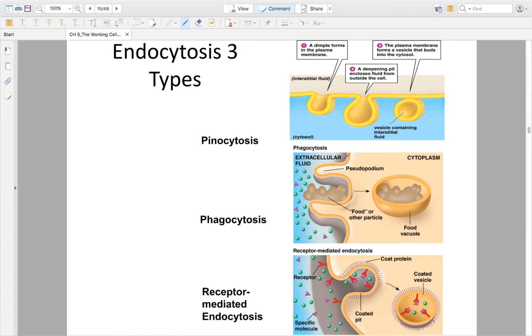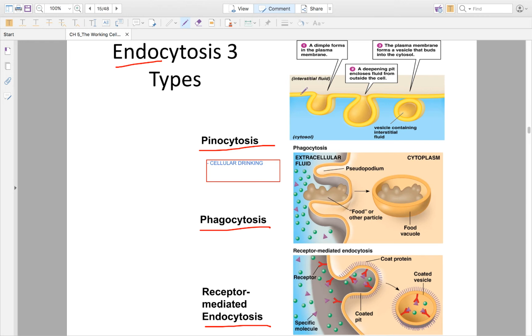Now, endo means inside. There's 3 types: pinocytosis, phagocytosis, and receptor-mediated endocytosis. Pinocytosis is nicknamed cellular drinking. Why? Because the cell is kind of drinking. So here's the inside of the cell. Here's the outside.